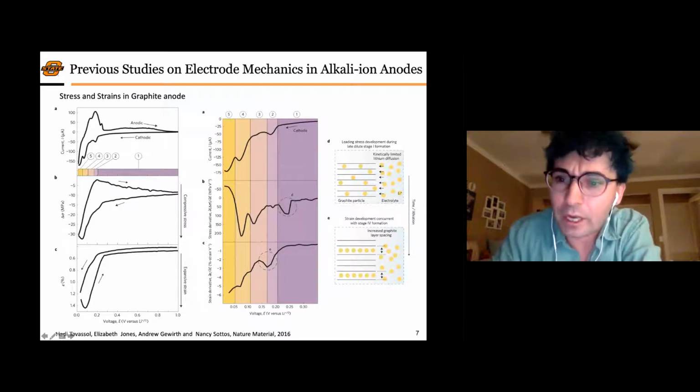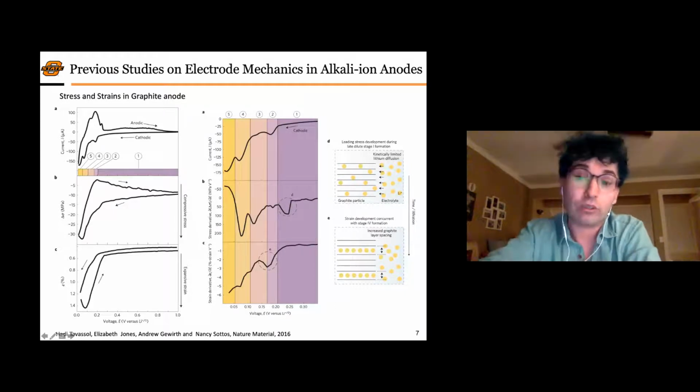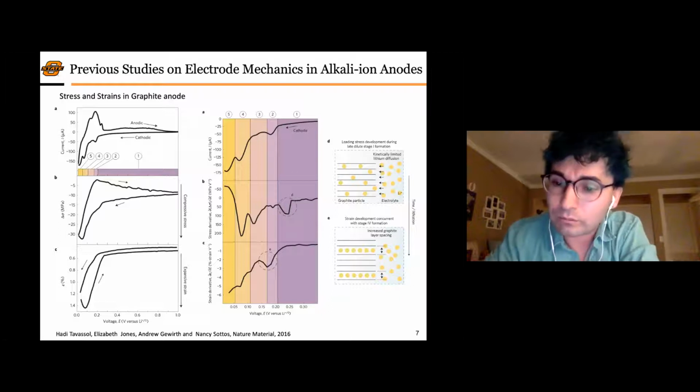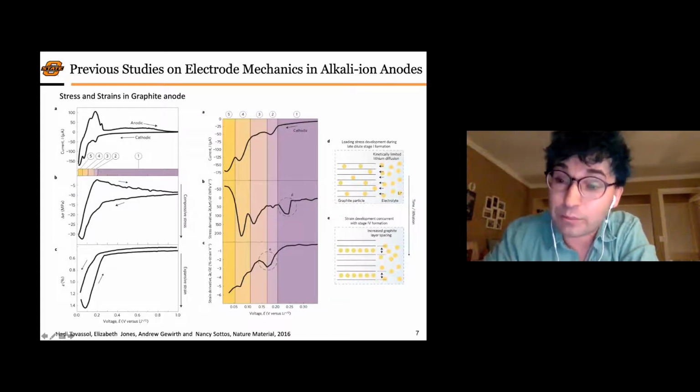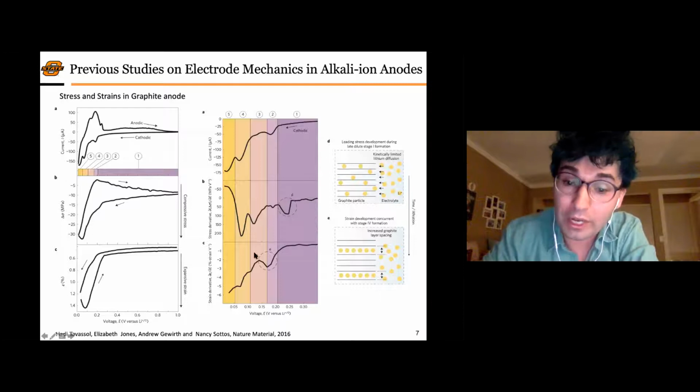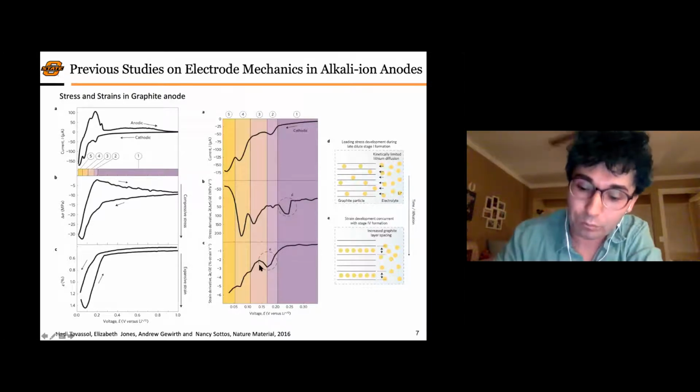The way they describe this, they hypothesize the stress comes from the kinetic limited diffusion on the surface, and later, as the lithium ions are inserted into the layer spacing between the graphitic components, it causes the angstrom scale expansion, which can be observed as the microscale changes in the strain rates.